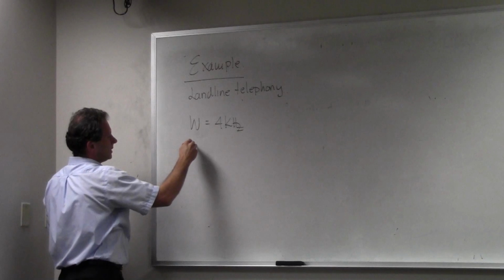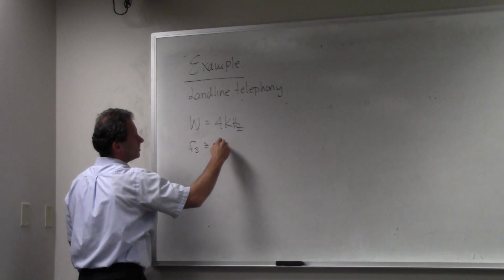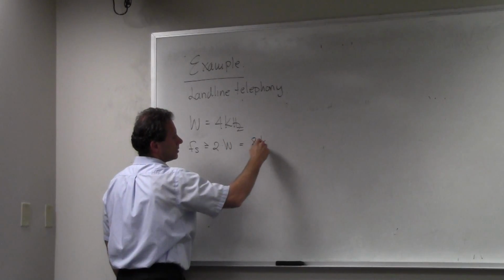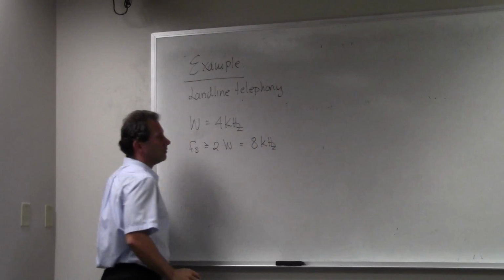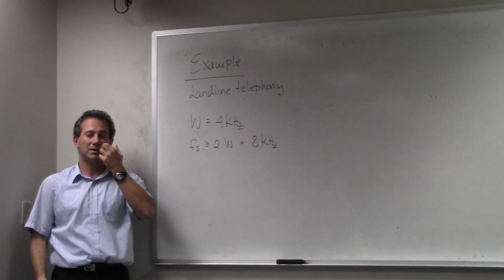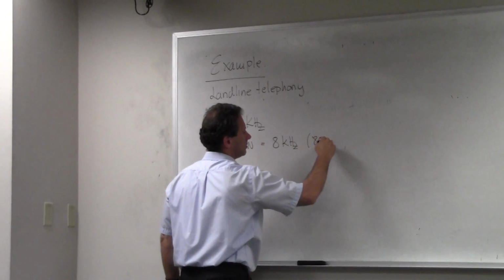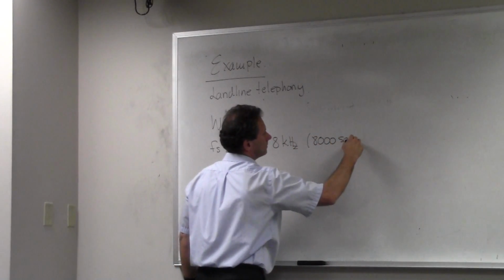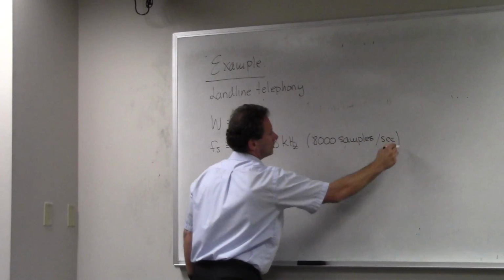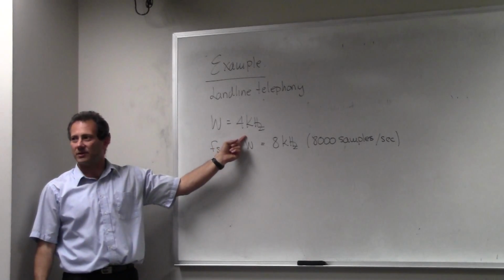So the sampling rate, Fs, has to be larger than 2 times W, which in this case is 8 kilohertz. So we're going to sample voice at 8 kilosamples per second, 8,000 samples per second.